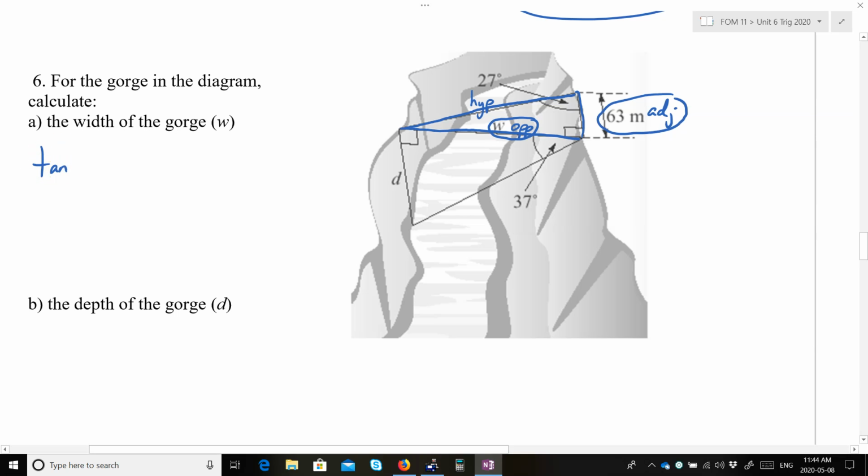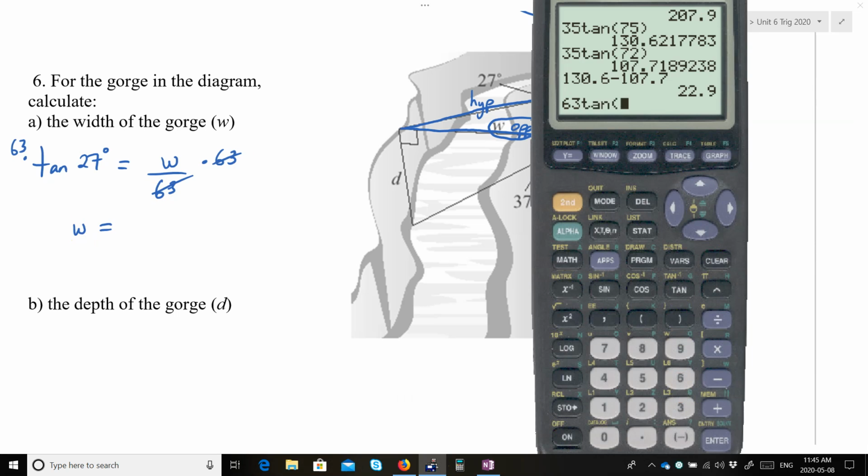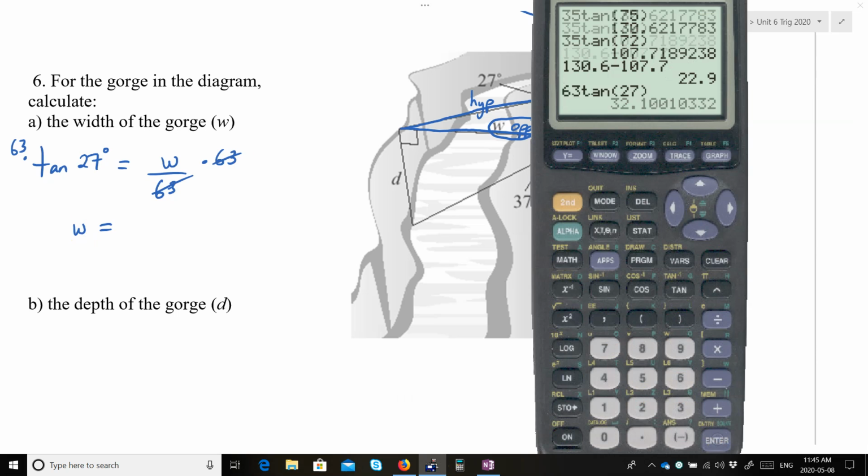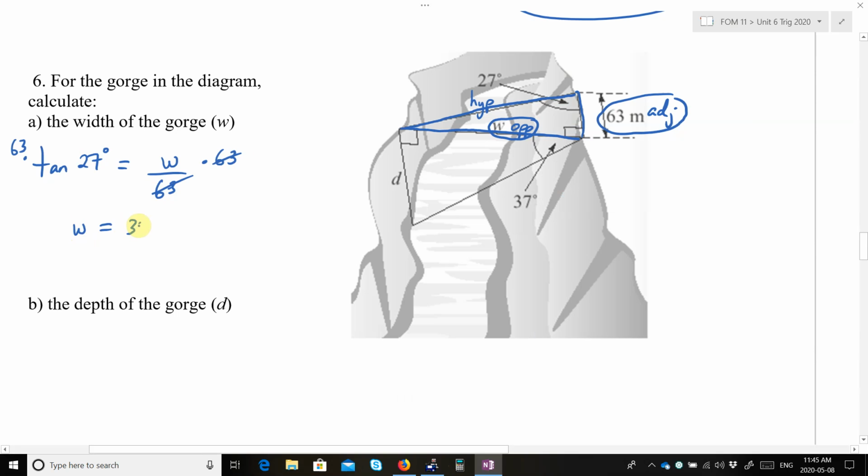That's tan. So tan of 27 degrees equals, the opposite is W, the adjacent is 63. Multiply both sides by 63. 63 tan 27, bang, 32.1 meters.